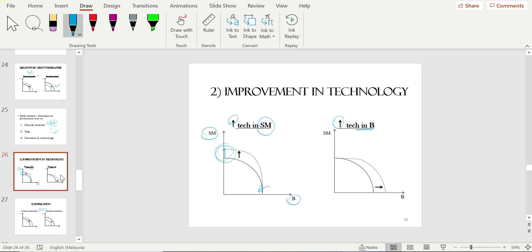Dia meningkat, sebab tu dia shift out. Ni shift out juga untuk butter sahaja, sewing machine tak berubah. Tapi kalau dia cakap secara broadly teknologi, tapi dia tak cakap teknologi apa, then you stick sahaja, dia akan menyebabkan shifting outward. The whole curve akan shift, ataupun shifting in kalau teknologi itu berkurang ataupun destroyed.